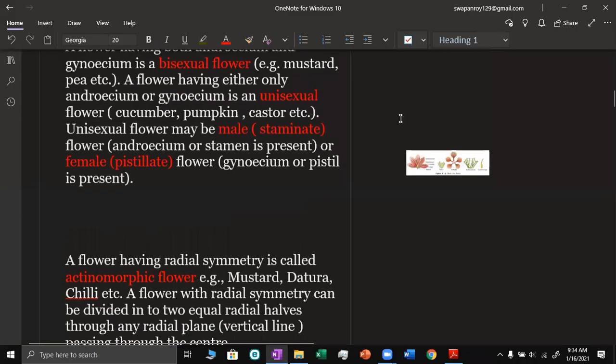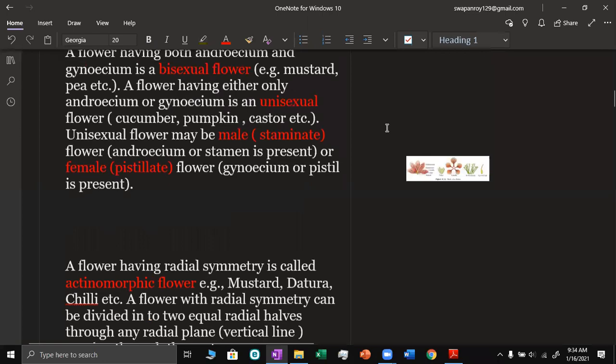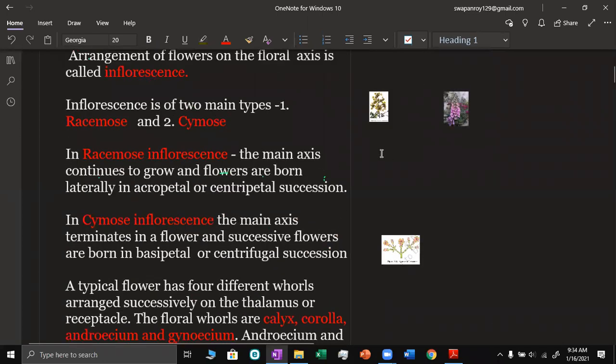But before that, for today's subject, I will go through quickly the different characteristics of flowers.